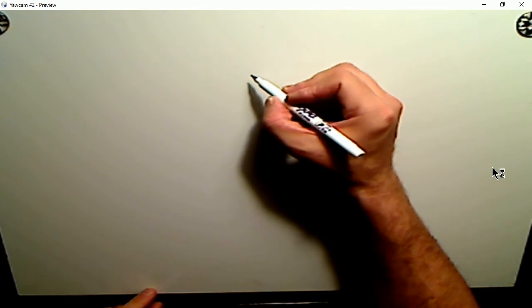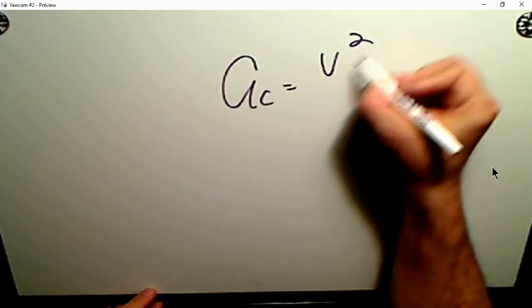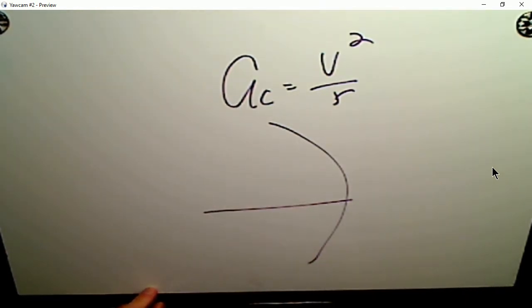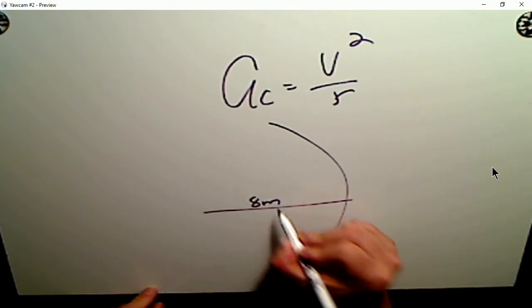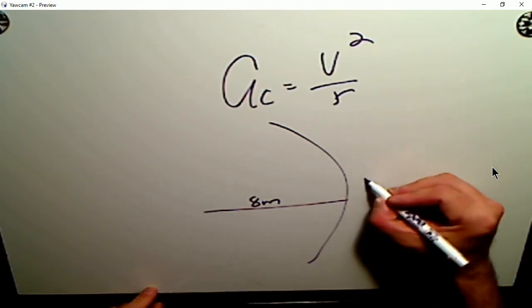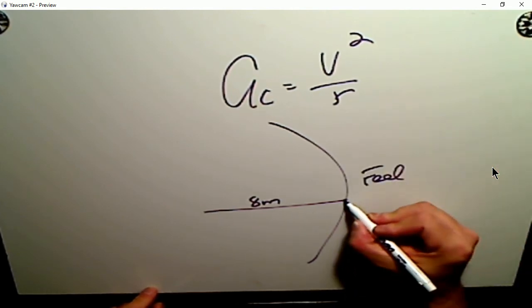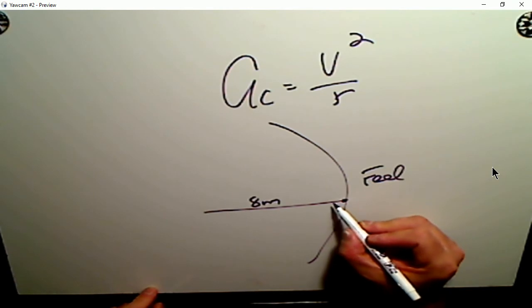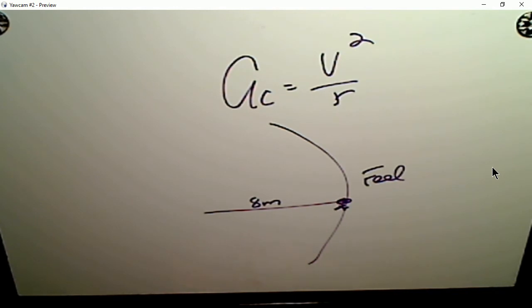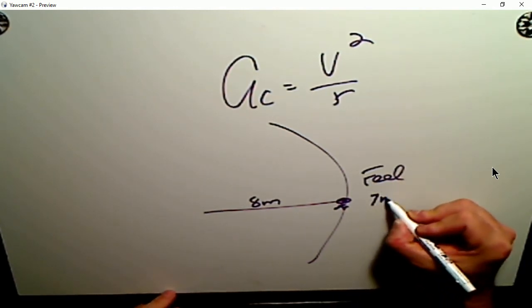Let's look at that centripetal acceleration again. Centripetal acceleration is equal to v squared over r. So if I am on a curve and the radius of that curve is 8 meters, let's say, and I want to feel an acceleration here, I'm on this edge, I want to feel the acceleration here at 7 meters per second squared.